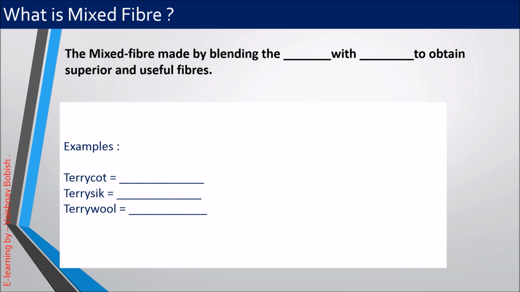Examples are terracotta, which is terry line plus terry cotton, terry silk, which is terry line and silk, and terry wool, which is terry line and wool.